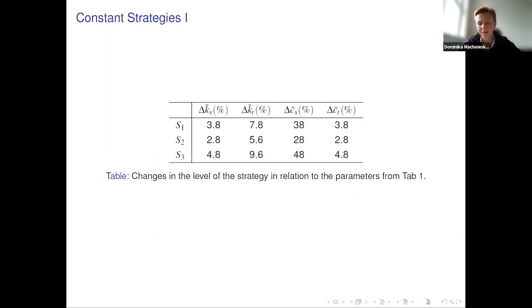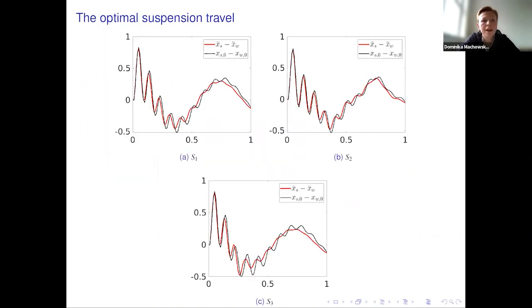So what we get here, we have the optimal suspension travel, and we're looking for the red line. This is the Nash Equilibrium, and we are happy when we have low numbers of peaks, the mean value is near zero, and the path is smooth.